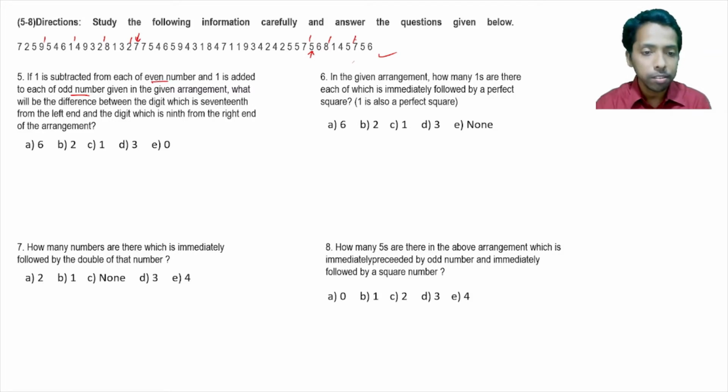Now here you can see 7 and 5 both are odd number, and now you have to find out the difference. Even if I am not using this particular statement, then also we can get the correct answer. This is true. Why? Because 1 is subtracted, 1 is added to each of these odd number. Even if I am adding here 7 plus 1 8 and 5 plus 1 6, then also the difference would be same, because in both the cases I have to add or I have to subtract, because both are similar in nature.